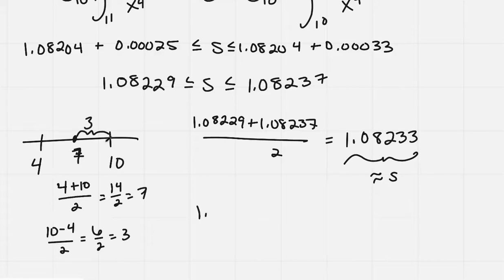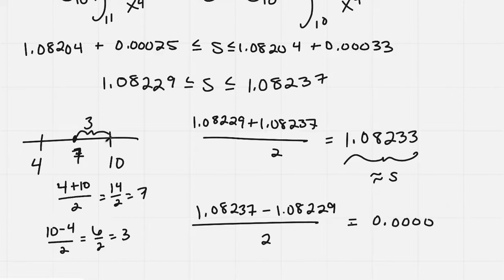Again, we're going to do the same thing with these numbers, but I'm going to do big minus small. So 1.08237 minus 1.08229, and divide that by 2. And I get approximately 0.00004. Now what I want to point out is that this, at most, is what the error is.